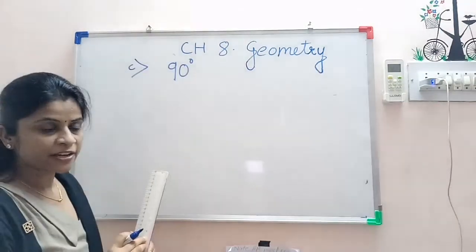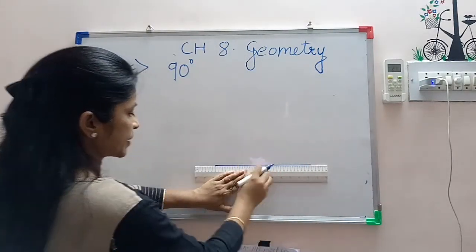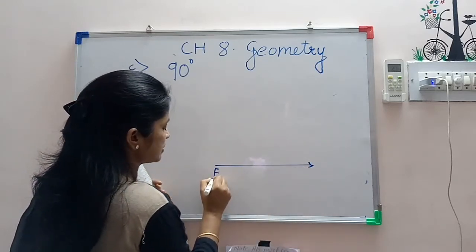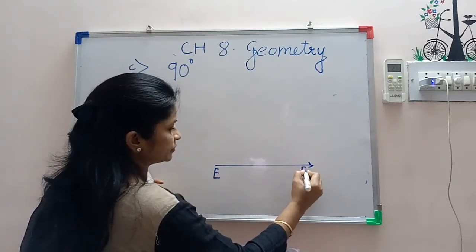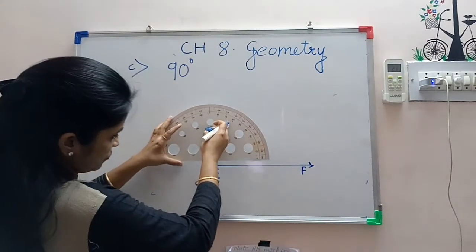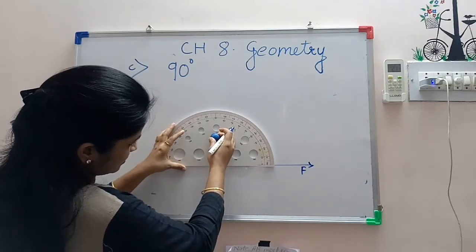Draw a 90 degree angle. We'll draw one ray. We'll mark it as E and F. After that, we will place the protractor on the ray, adjusting the baseline and the center.